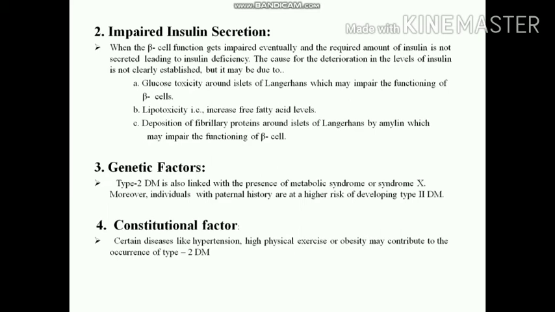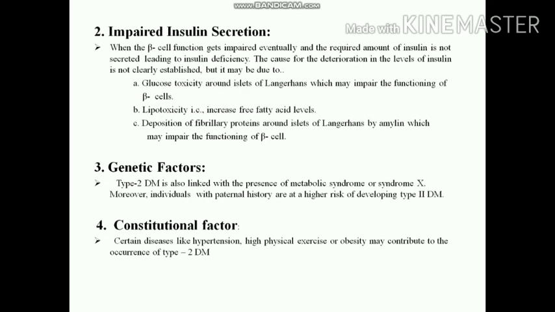When glucose toxicity occurs around the islets of Langerhans, due to this impaired function of beta cell occurs. And B is lipotoxicity, where the fatty acid levels increase, and C is deposition of fibrillary protein around islets of Langerhans by amylin, which may impair the function of beta cell.